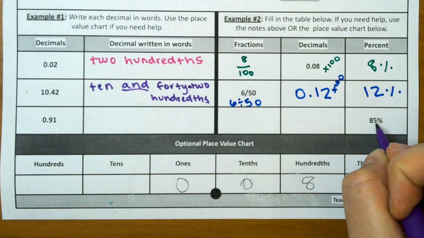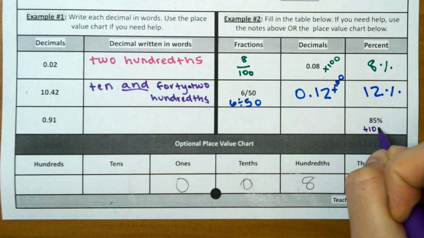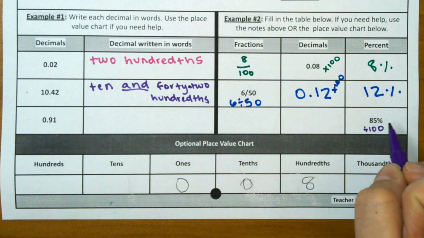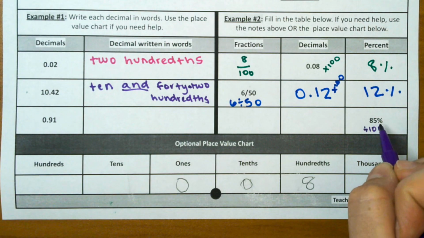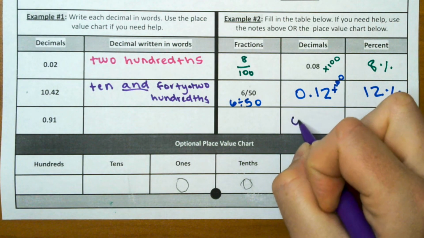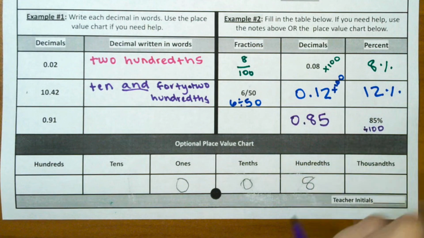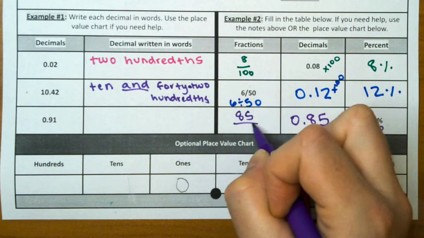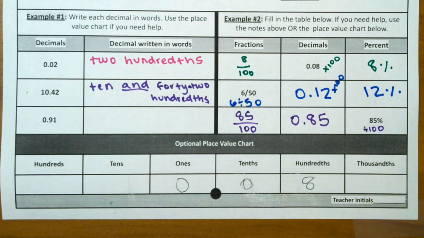So we can divide 85 by 100. If you're using a calculator, don't click the percent sign in your calculator. 85 divided by 100 is 0.85. And the way we write that as a fraction is 85 hundredths. Go ahead and flip to page 2.